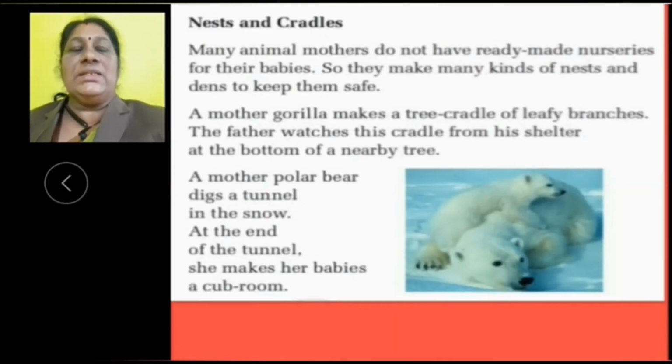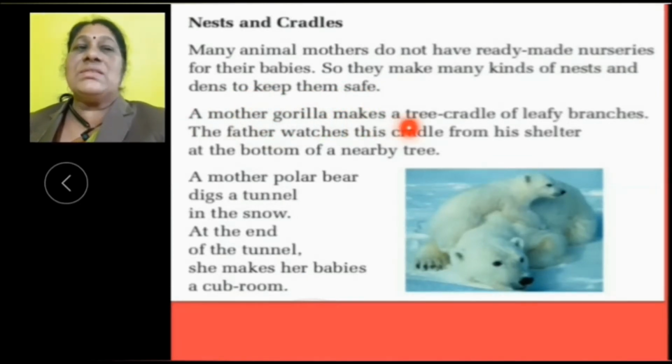Nests and cradles. Many animal mothers do not have ready-made nurseries for their babies. So they make many kinds of nests and dens to keep them safe. A mother gorilla makes a tree cradle of leafy branches.